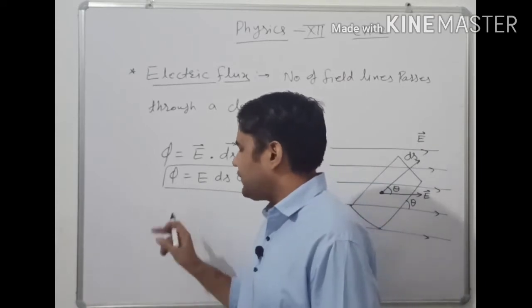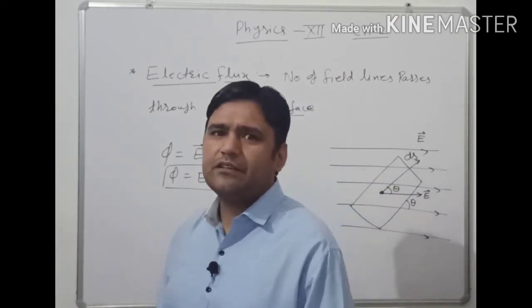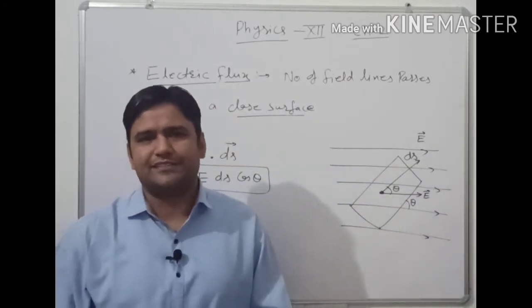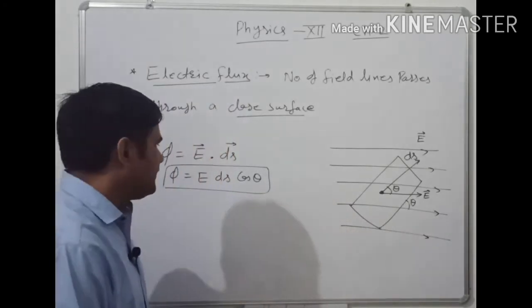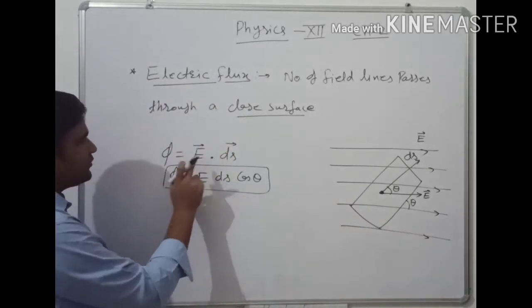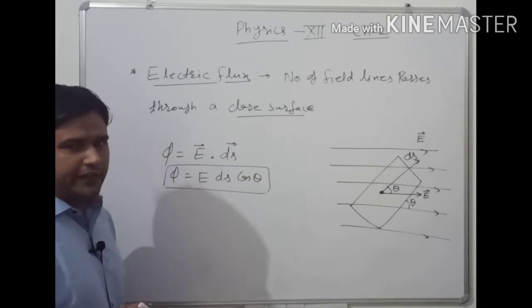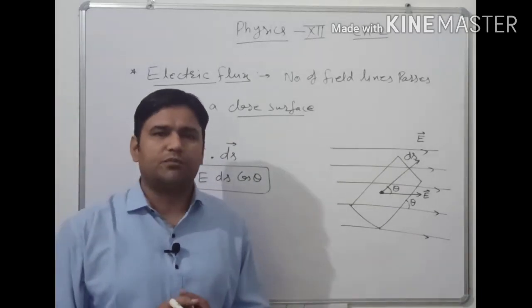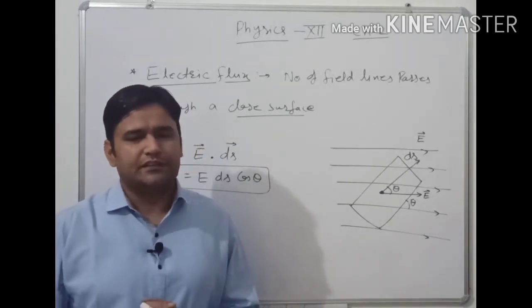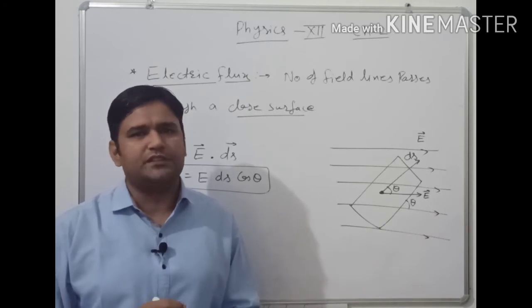Now the phi it is to be the scalar quantity or the vector quantity. Phi कैसा है? Scalar या vector? The formulation here it is to be the dot product, and as per the formulation of the dot product between the two vectors, the resultant is always to be scalar.